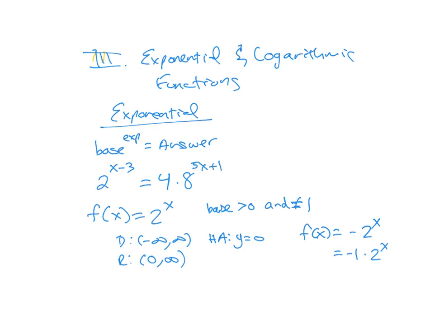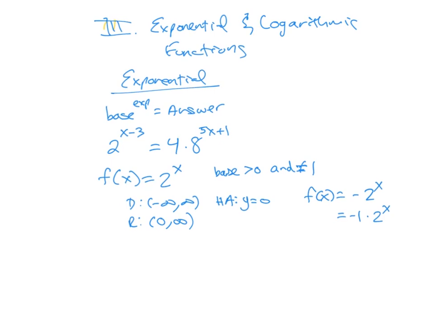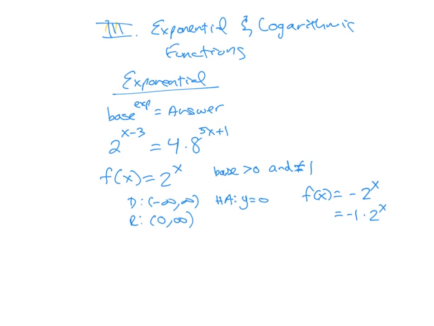In addition to graphing and doing domain and range of exponential functions, we also did a lot of application problems in terms of exponential growth and decay. We talked about half-lives, doubling time, triple time, fourth life.